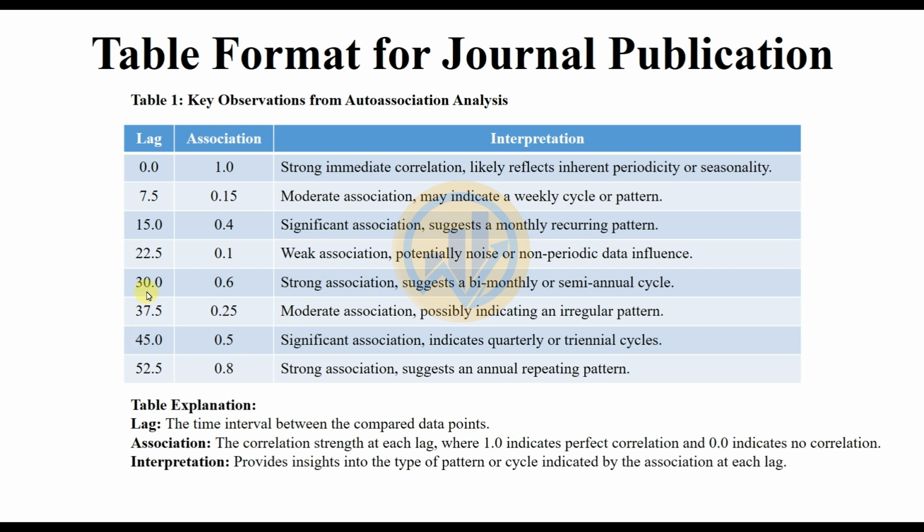For a lag of 30, the association value is 0.6, a strong association suggesting a bi-monthly or semi-monthly cycle. For the last one, a lag of 52.5 with an association value of 0.8, the strong association suggests an annual repeating pattern.